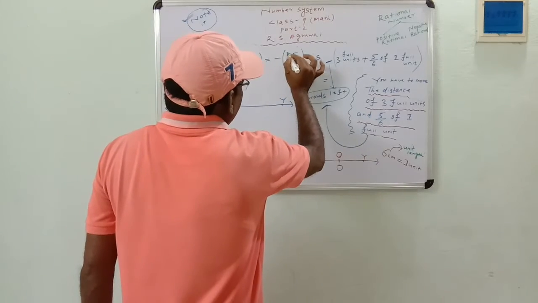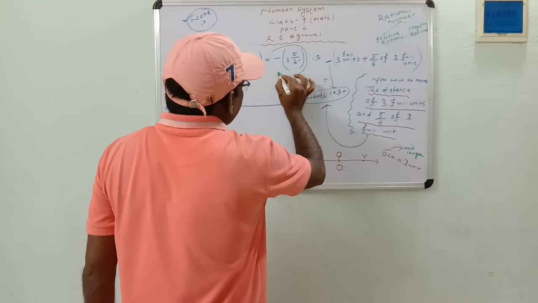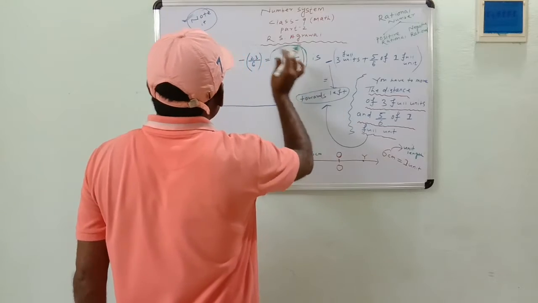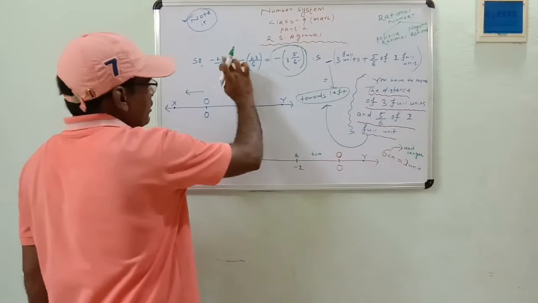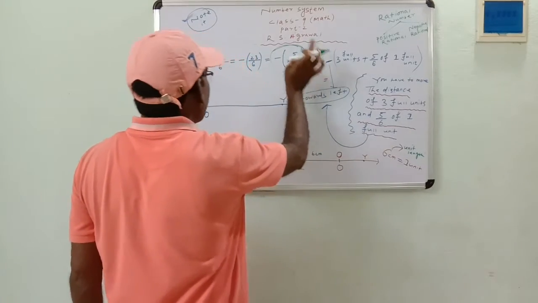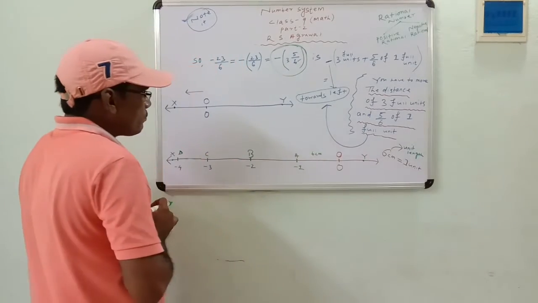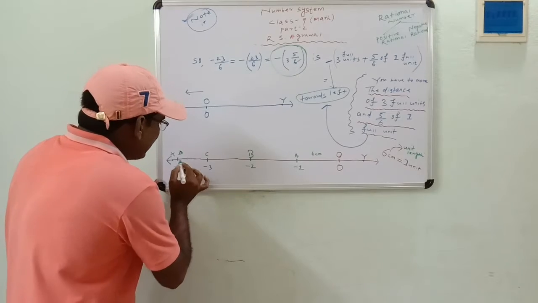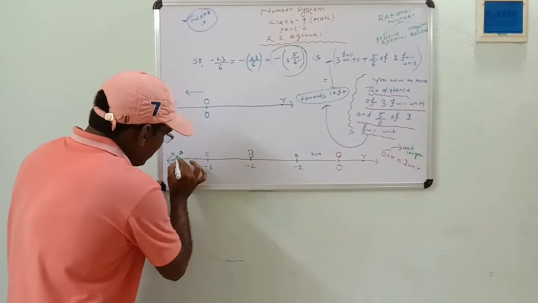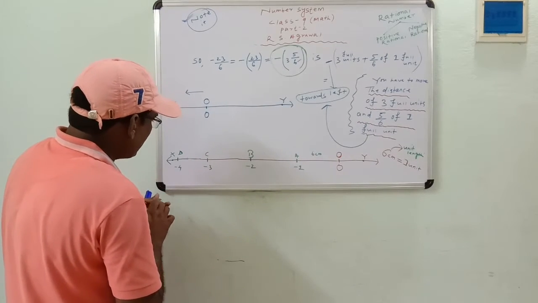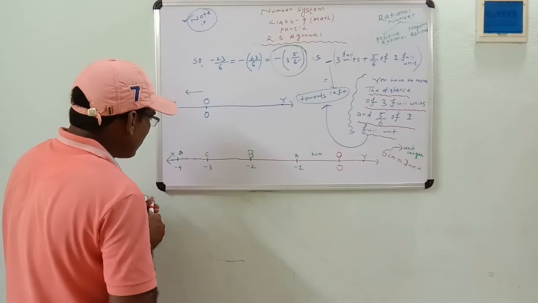So minus 3 full 5 by 6, this rational number, or minus 23 by 6, will lie between this part, that is between minus 4 and minus 3.